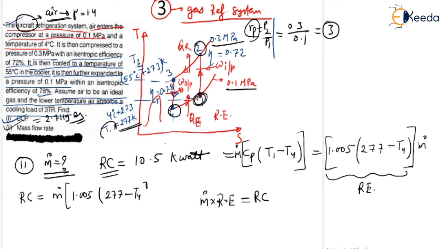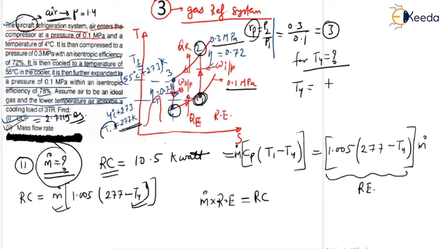So here two unknown values are there, T4 and mass flow rate, and in the question your mass flow rate value is to be calculated. Okay, so firstly you have to calculate your T4 value. What is your T4 value? Your T4 value is nothing but T3 by T2 into T1, because T4 by T1 is just equal to T3 by T2.